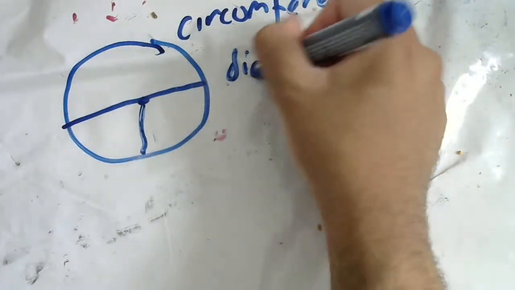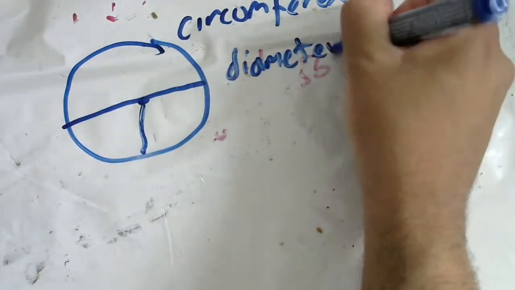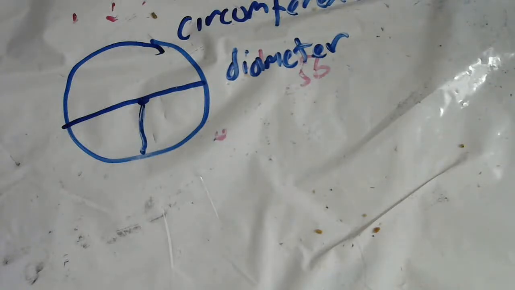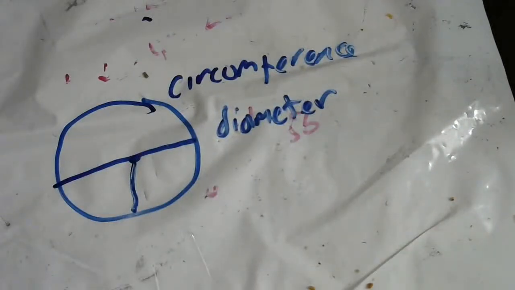Diameter, brilliant. And just from the center to the edge, what's that called? Radius, very good. Good start.